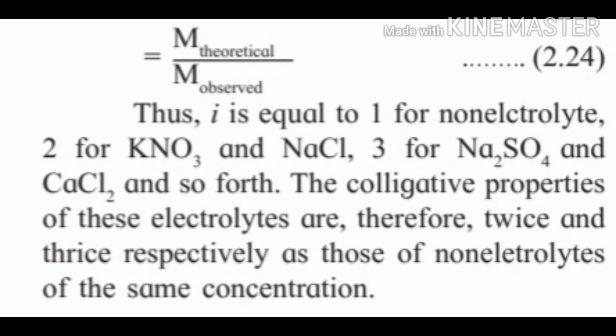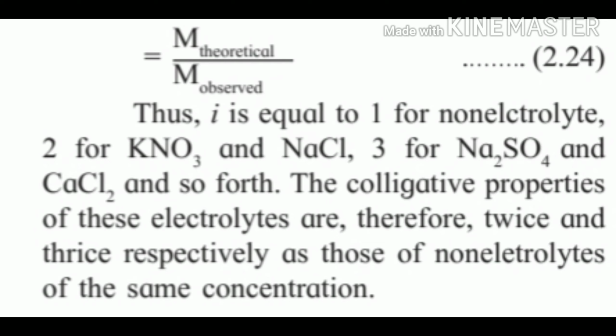Now M stands for molar mass of the substance that you are going to use. Here theoretical means the standard molecular weights, and observed means it depends to what extent the substance got dissociated. Now here you can see that I, or Van't Hoff factor, is equal to 1 for non-electrolyte.